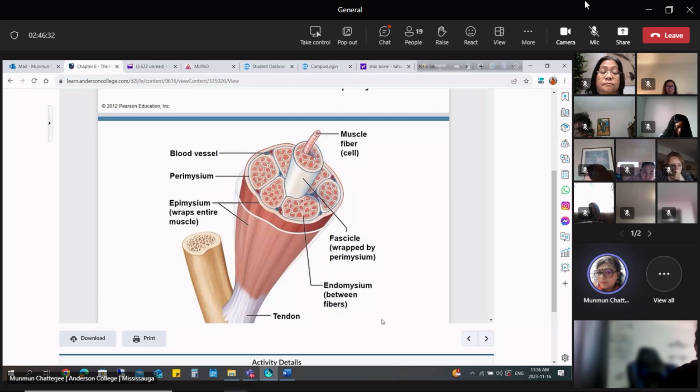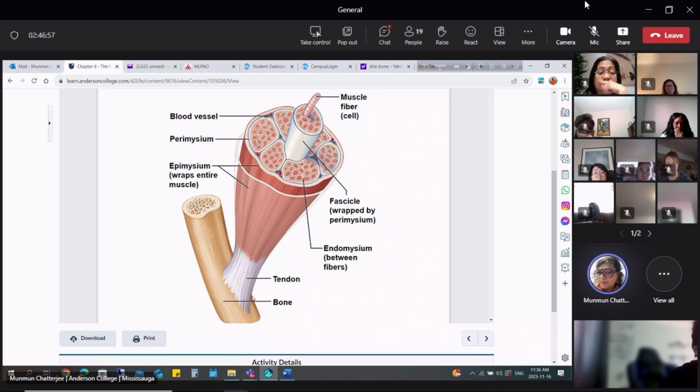See, if we go like this, in the structure you can see this is the perimysium. This is the endomysium. And this, including everything, is the epimysium, the outside.